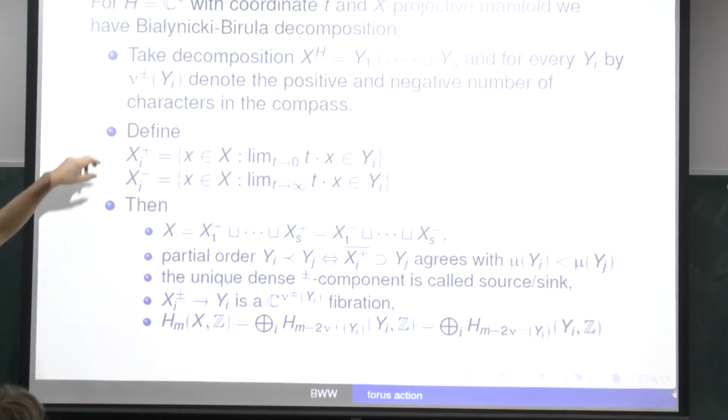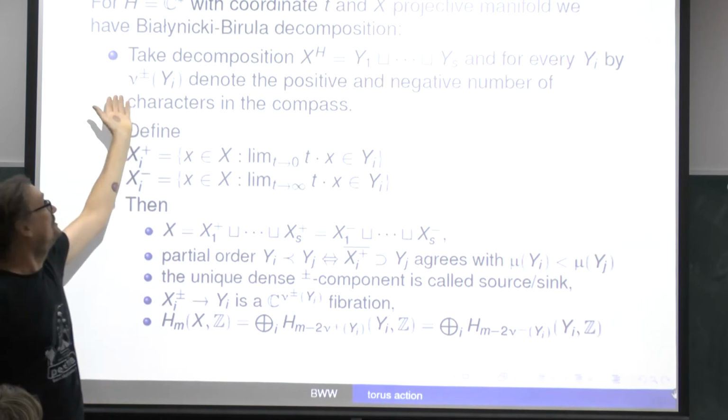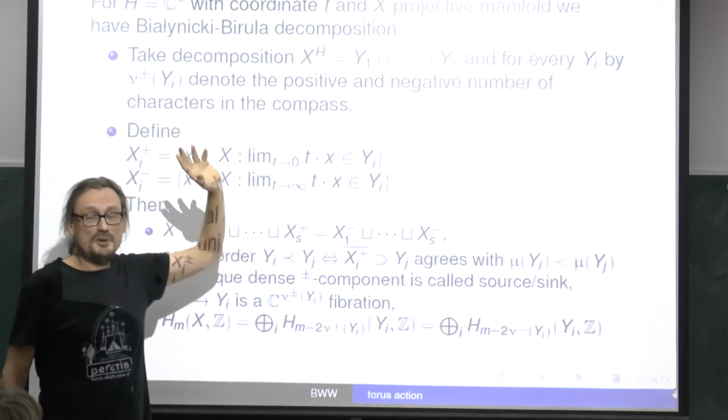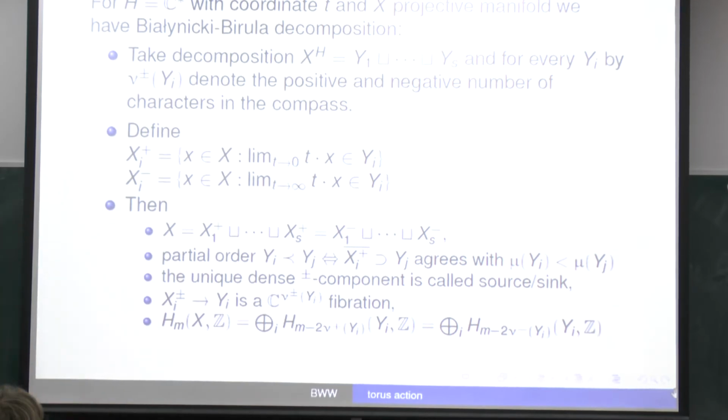So, for every one of these components, by this mu, you denote the number of the positive and the negative elements in the compass, and then you define the Jarek-Wisniewski cells, the positive cells and the negative cells. The idea is essentially like this, that again, the one-dimensional torus has one direction and the other direction.